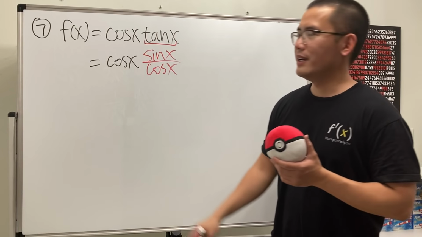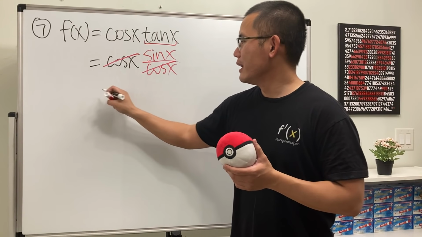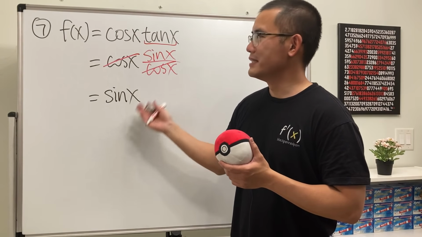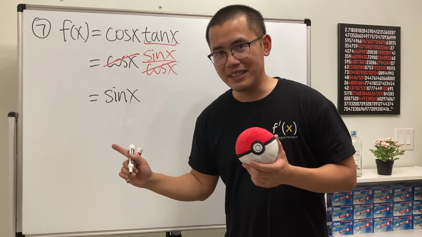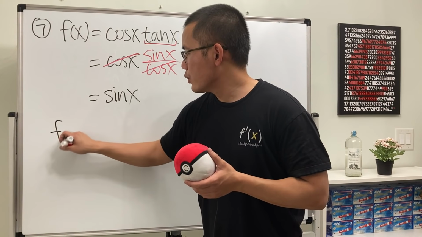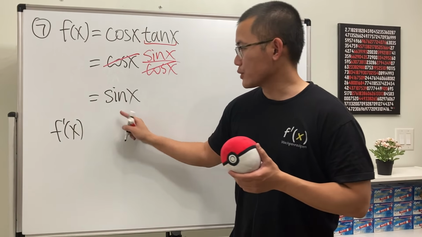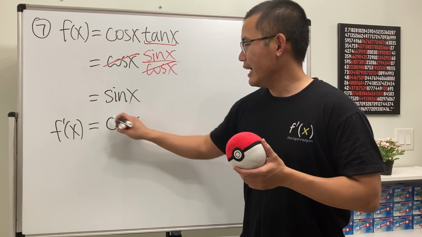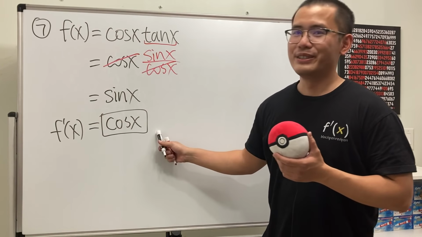Because if we do it this way, you see, this and that cancel. So in fact, the function is just simply equal to sine x. But this is not the answer though. We still have to do the derivative. So when we differentiate this function, we get cosine x. And that will do it.